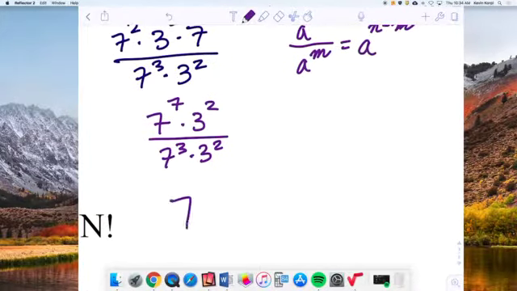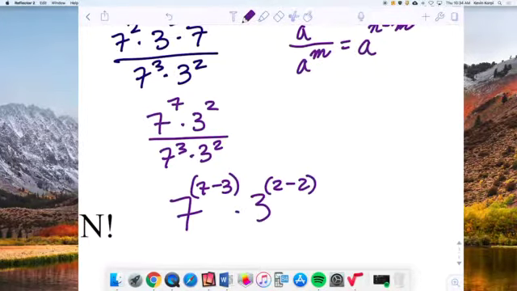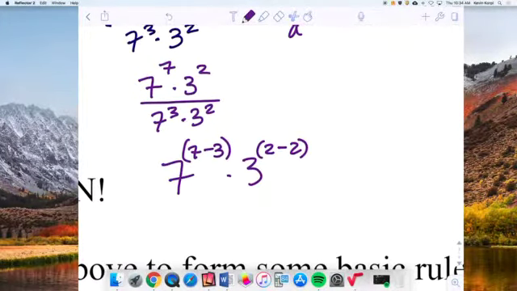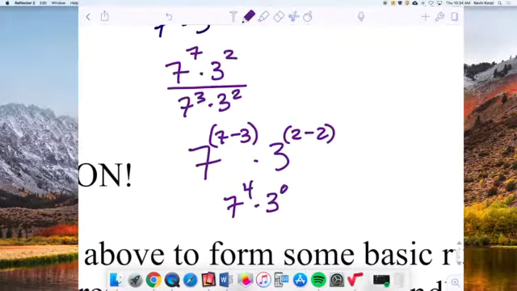So we can write this now as 7 to the 7 minus 3rd power times 3 to the 2 minus 2th power. Okay? So that becomes 7 to the 4th times 3 to the 0. Uh-oh. What is 3 to the 0 power? 1. Anything to the 0 power other than 0 is 1. Okay? So that's just 7 to the 4th.